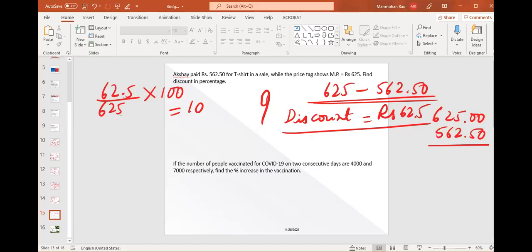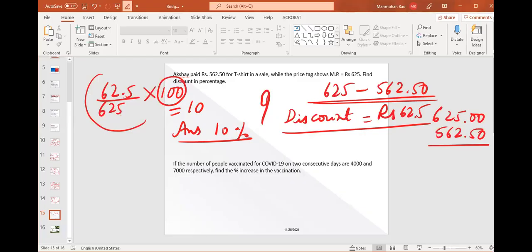Yes or no? Answer is 10. So you have to write it, correct? Do this calculation in the calculator. So the answer is 10%, the discount in percentage, because we already calculated it.